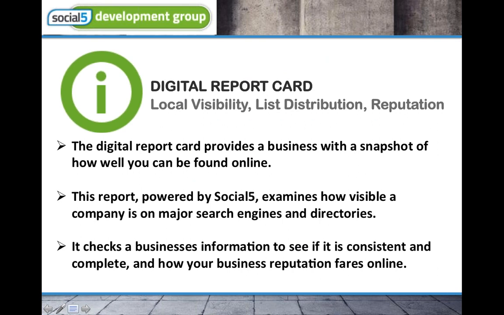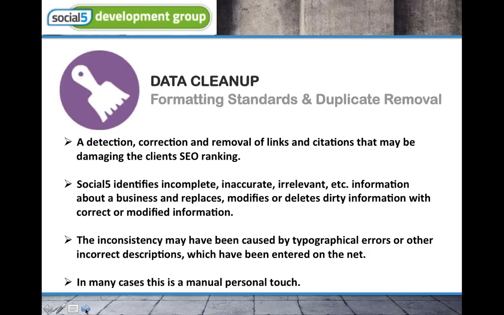So as we've gone through the training together, most of you have seen as you run that report what is really crucial. It also checks a business's information to see if it is consistent and complete. Many times it is not complete. So this is helping us, and it's a great tool in order to help us decide what they do need as far as the web is concerned.